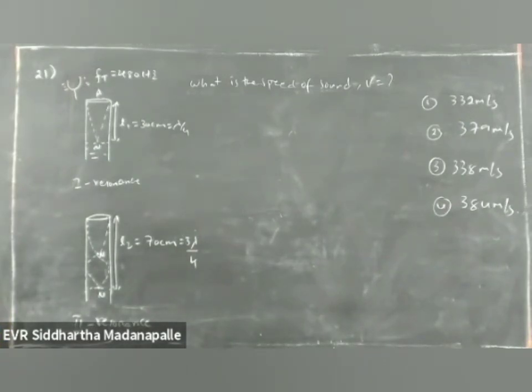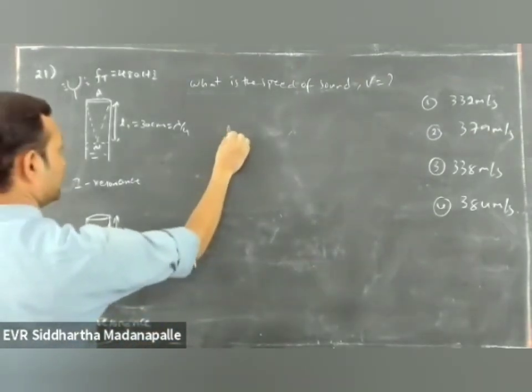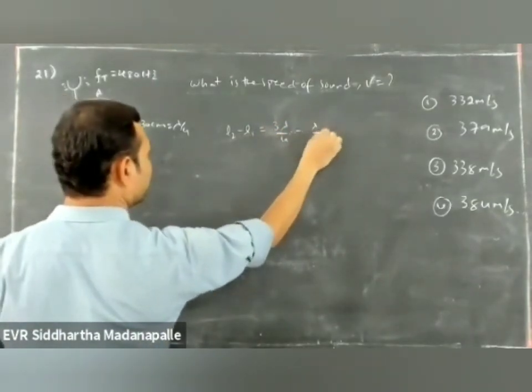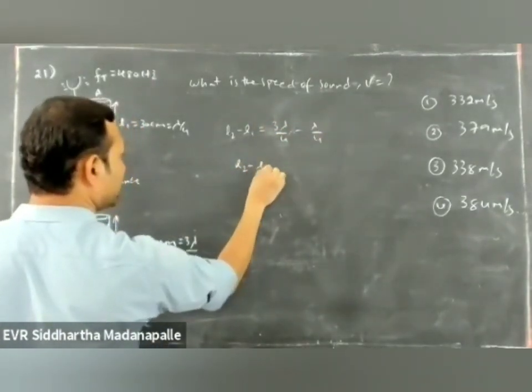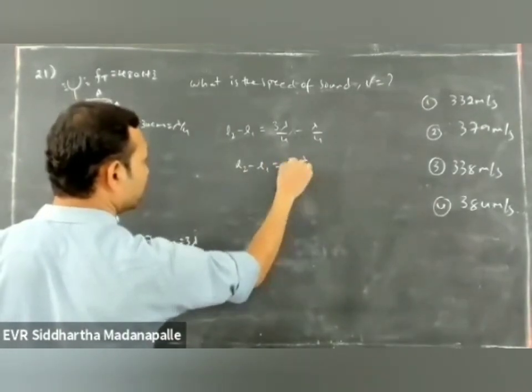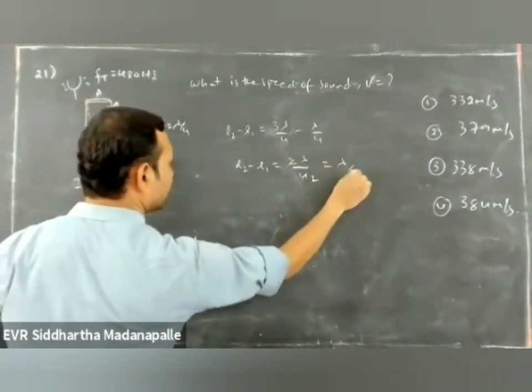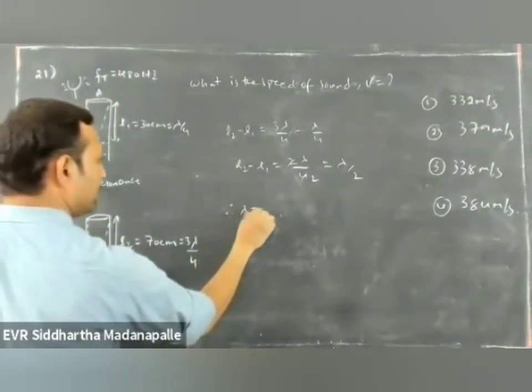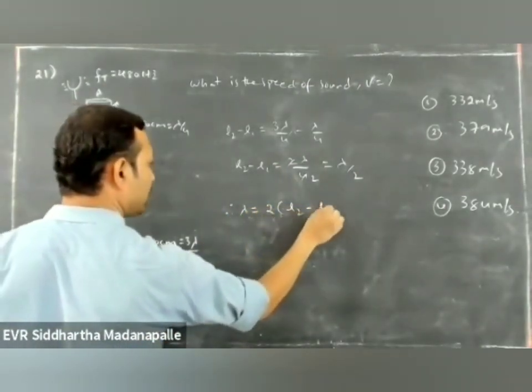So what is L2 minus L1? L2 minus L1 is equal to 3 lambda by 4 minus lambda by 4. It is equal to 2 lambda by 4, which is equal to lambda by 2. Therefore, lambda value is equal to 2 times of L2 minus L1.